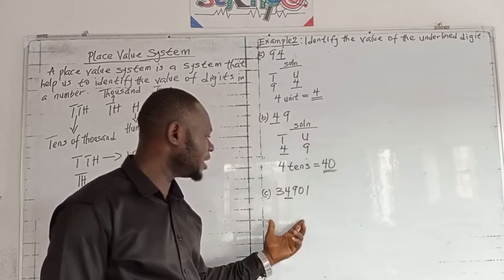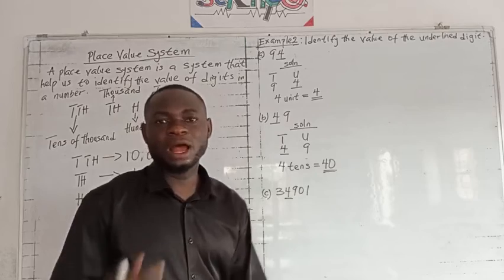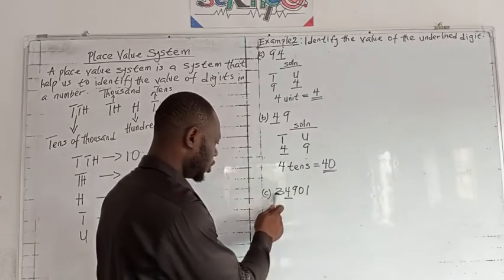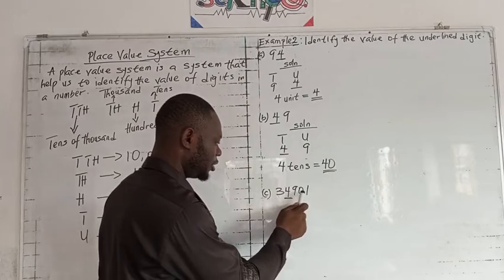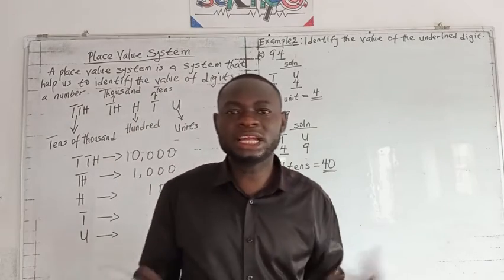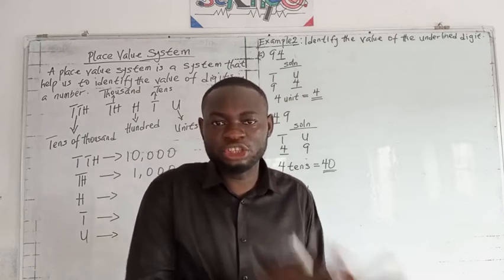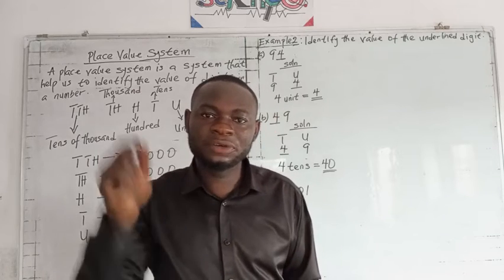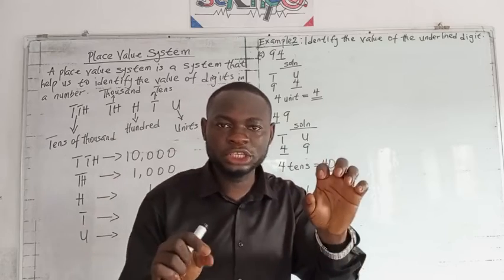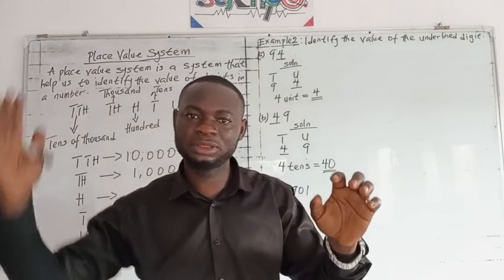And to arrange this number in place value, we ask ourselves, how many digit numbers are here? Let's count. 1, 2, 3, 4, 5. There are 5-digit numbers, meaning that the highest place value of 5-digit numbers is what? Tens of thousand. So we write out our place value system from units and stop at tens of thousand.